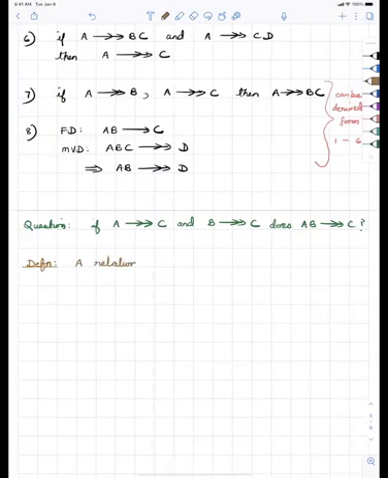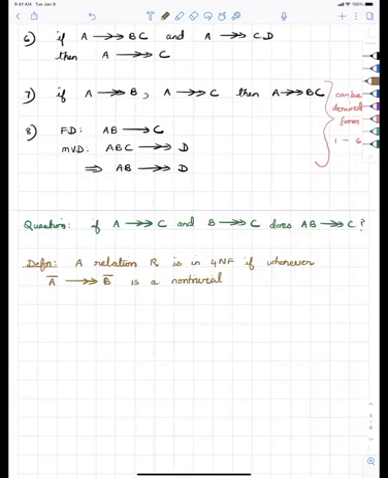A relation R is in fourth normal form if whenever A bar multi-value determines B bar is a non-trivial MVD, then A is a key or a super key.